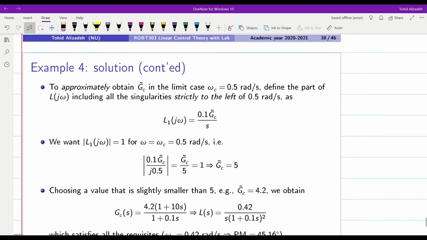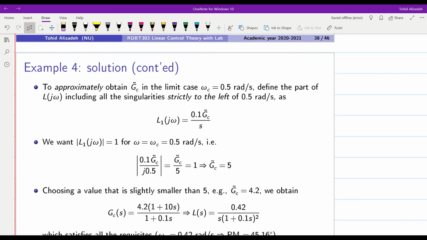You can also approximate it in this way. We just include all the singularities strictly to the left of 0.5 radian per second, and L1 of j omega will have this form. And then we want the amplitude of L1 equal to 1 at omega equal to 0.5. So GC tilde will be obtained as 5.